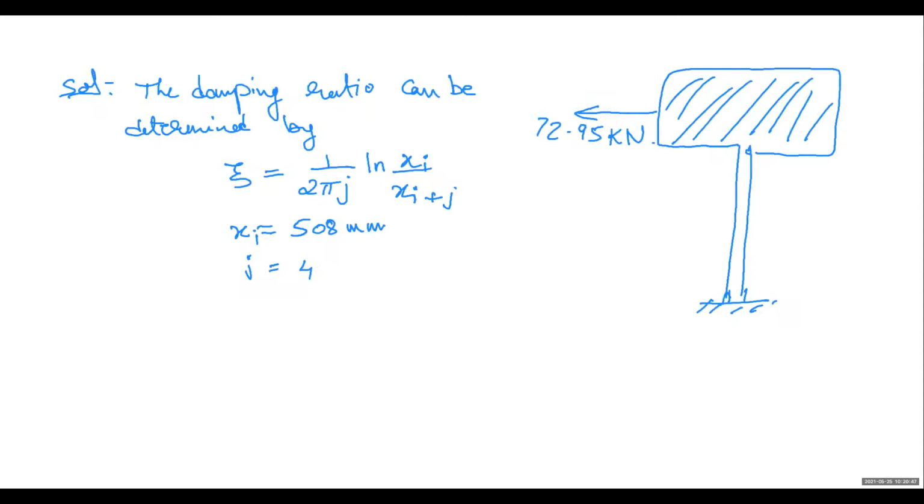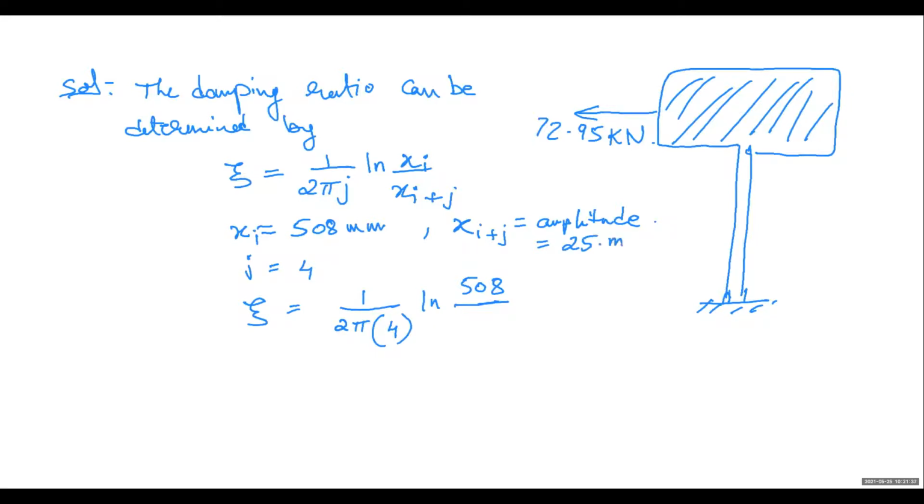Substituting in the equation, ξ = 1/(2π × 4) ln(508/xᵢ₊ⱼ), and xᵢ₊ⱼ is the amplitude found to be 25.4 mm.